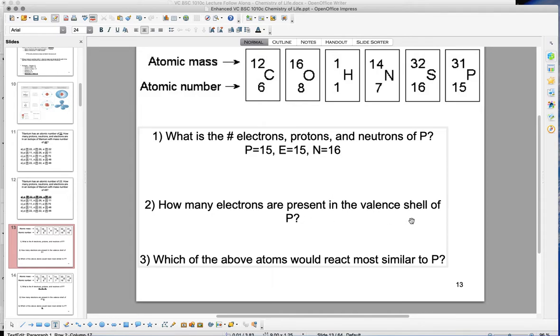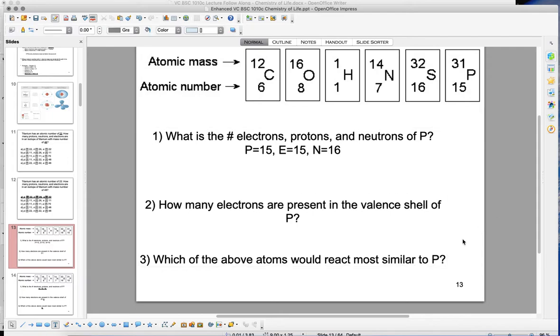How many electrons are present in the valence shell? We haven't talked about that yet, but I guess I can show you guys that really quickly. Our valence shell is going to be the outer shell of our atom. Electrons are arranged in shells in a very specific way.